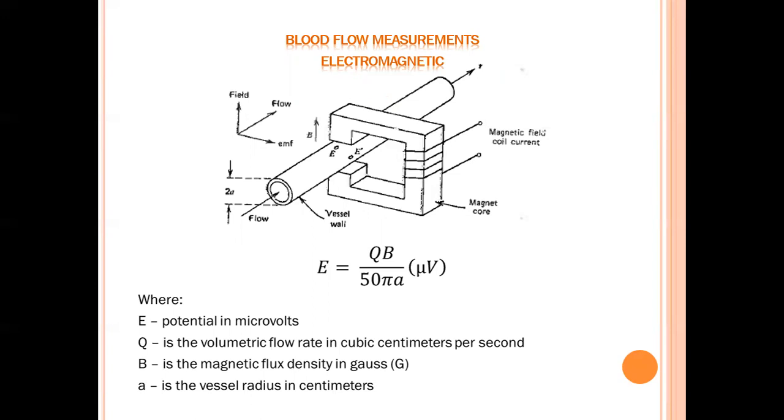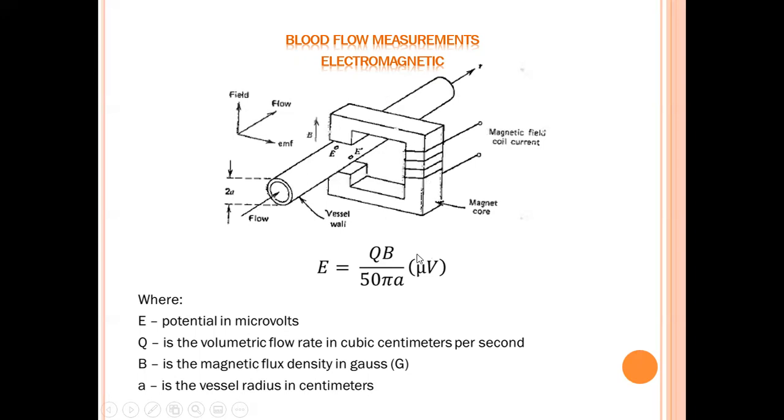This method basically measures the amount of electromagnetic signal that is generated by the current, by the blood flowing through the vessel. This will be induced on a coil, which will be measured by a circuit.